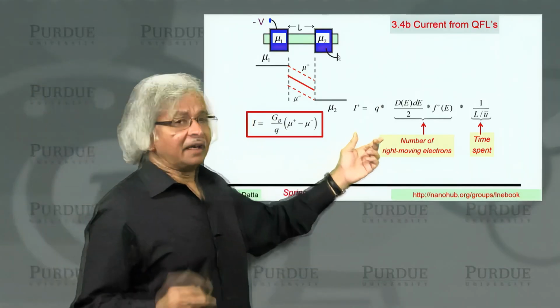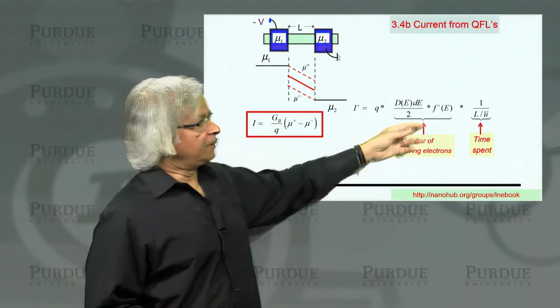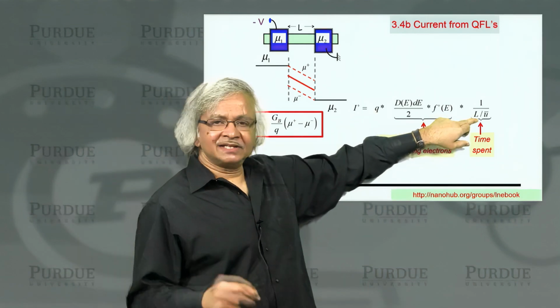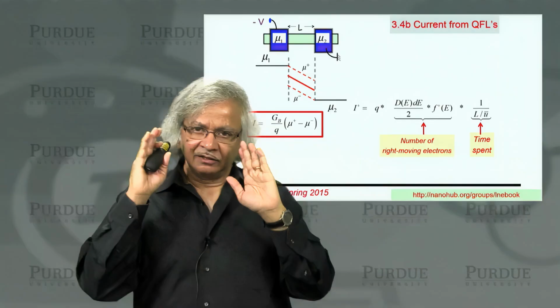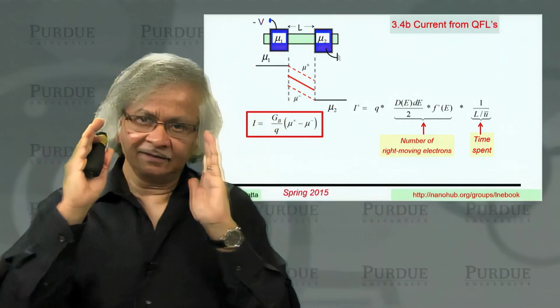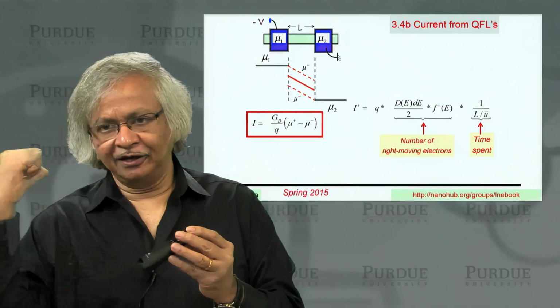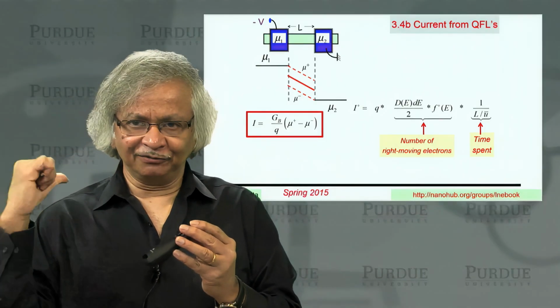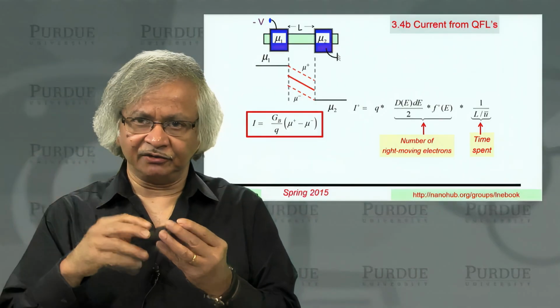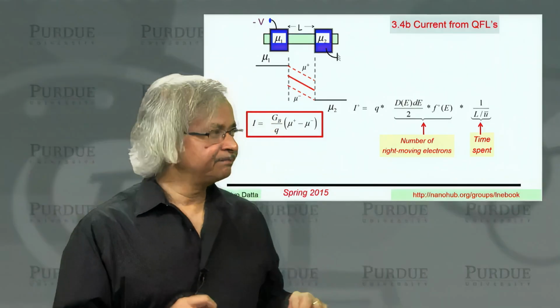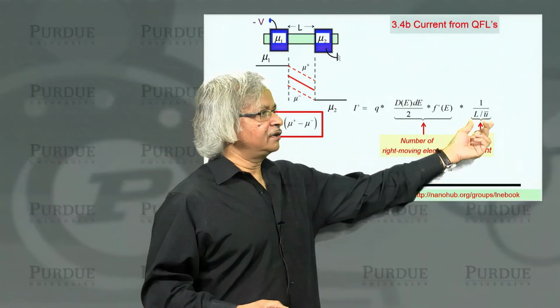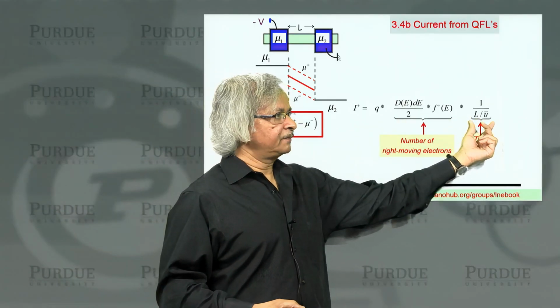But basically, a number close to 1. The point is, this is just the average of all the electrons that are headed to the right. Of course, the ones headed to the left have a negative component of the velocity, and those you are not considering. It's only those going to the right. So that's this L over U bar here.